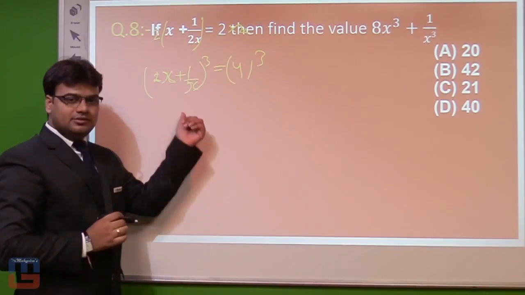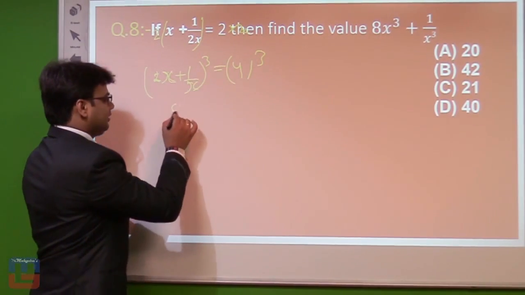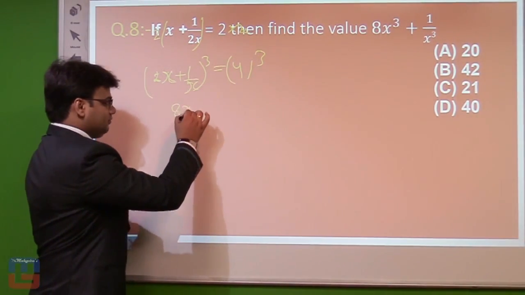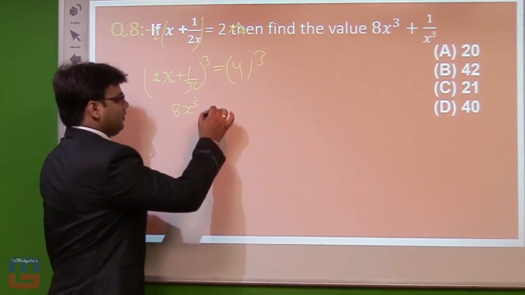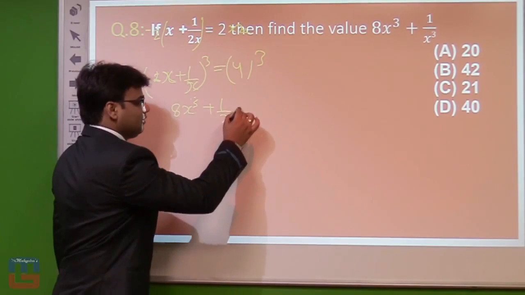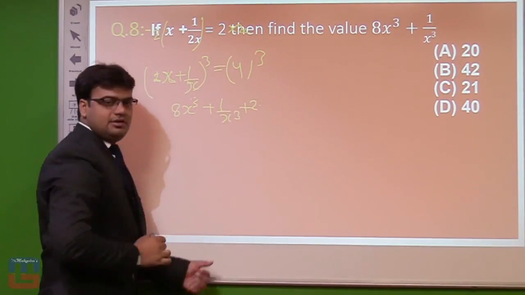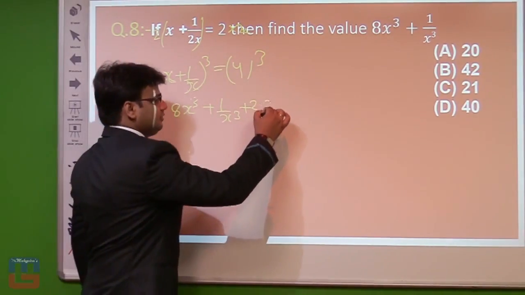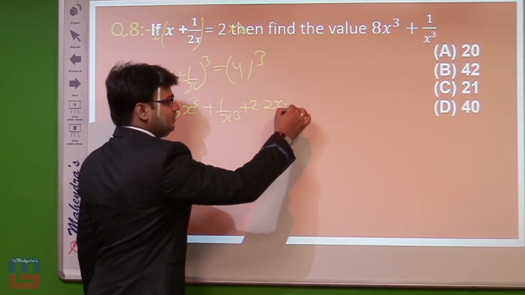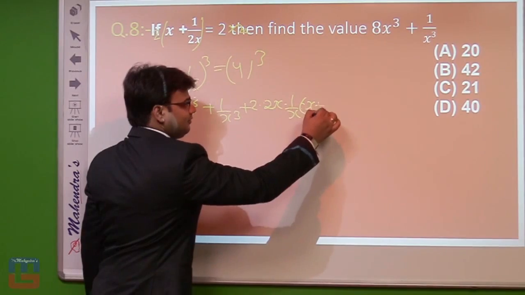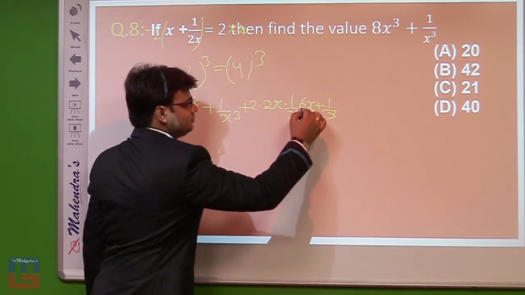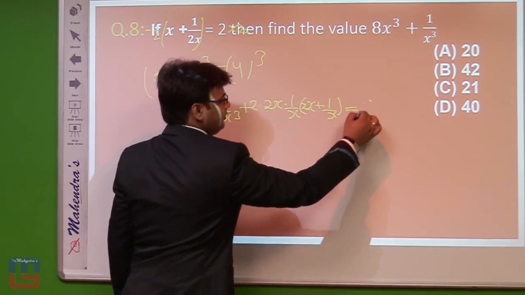Using the cube formula, we get a cube plus b cube plus 3ab times (a plus b), where a is 2x and b is 1 by x. That means 8x cube plus 1 by x cube plus 3 into 2 into (2x plus 1 by x) is equal to 64.